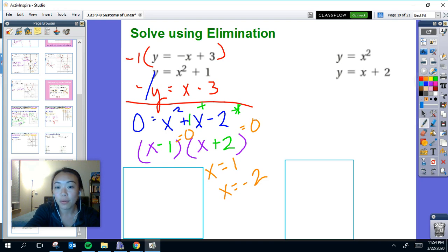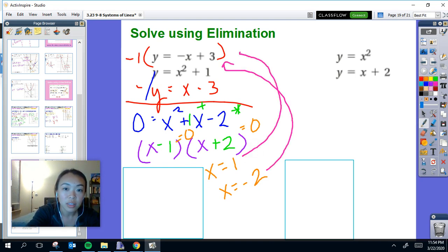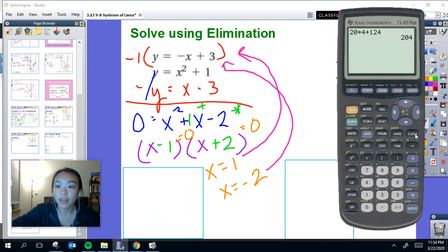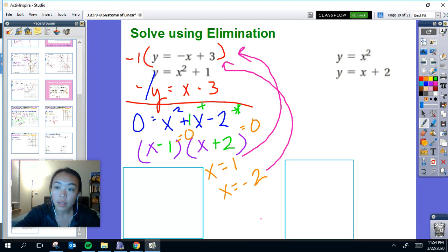When I plug in both of those values into my easier equation, I'll do this on my calculator. So I'm going to plug in the 1 first. So negative 1 plus 3. So when x equals 1, y equals 2.